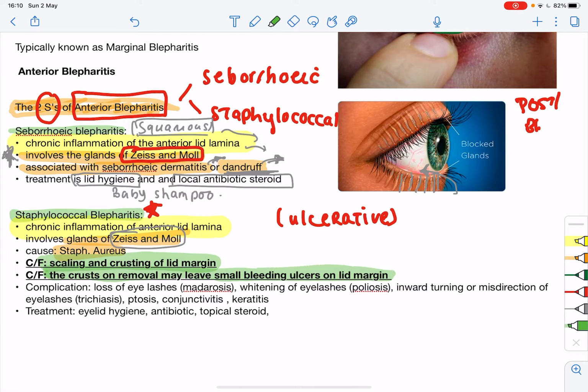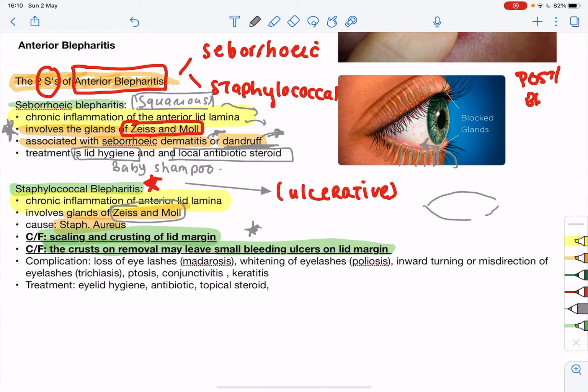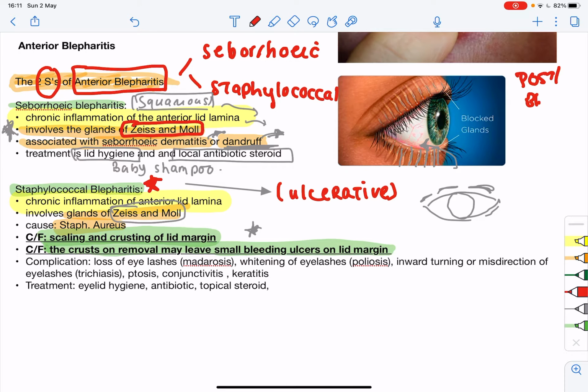With the staphylococcal one, you can also call it the ulcerative type, because typically these bacterial, staphylococcal-induced blepharitis episodes are ulcerative in nature, and that just means that they're on the eyelid. We would expect to see crusting and dry flakes, and if the doctor tries to remove any of the crusts, there will be bleeding.